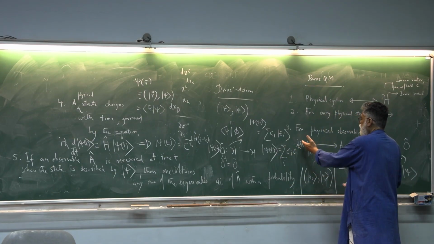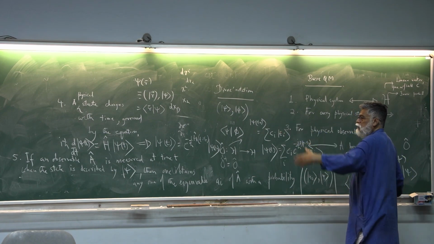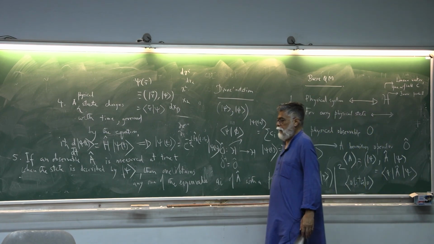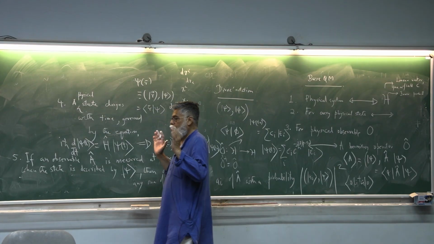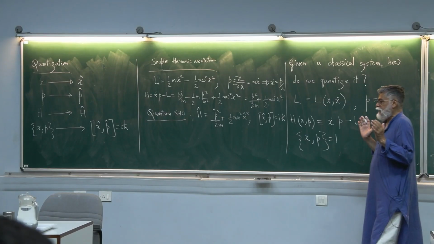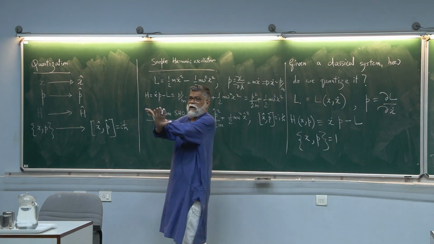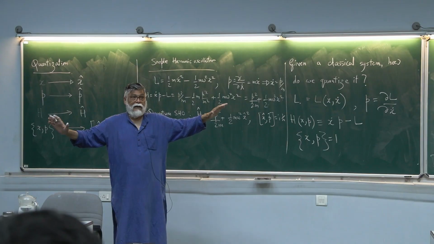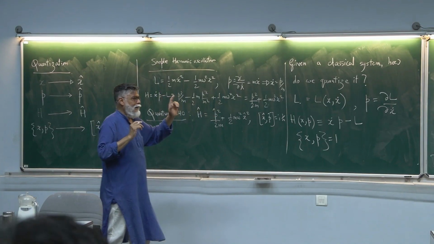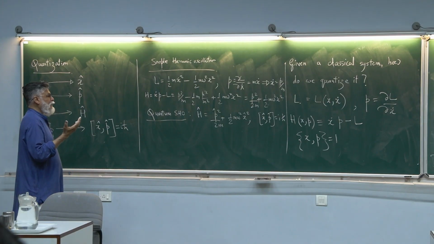Ket Ei is known, Ei eigenvalues are known, Ci's are known, full time evolution is known. So the purpose of all quantum theory is to get the exact energy eigenvalues and exact energy eigenstates. The whole dynamical problem is solved. That's why energy eigenstates and energy eigenvalues become very cardinal in quantum theory.